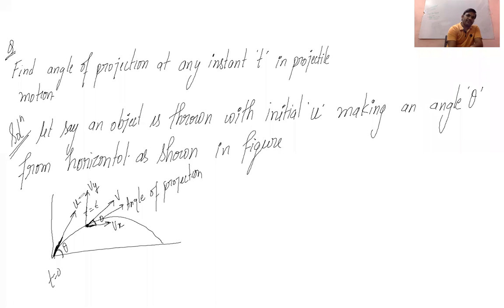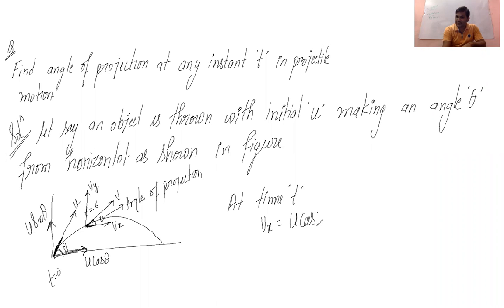So we know if it is thrown with u, the horizontal component of velocity is going to be your u cos theta, and vertical component of velocity is going to be u sin theta. These are the initial components. At time t, the velocity along x-axis, the final velocity along x-axis will be your u cos theta only, because this is going to be constant.